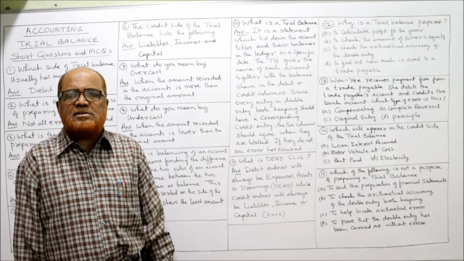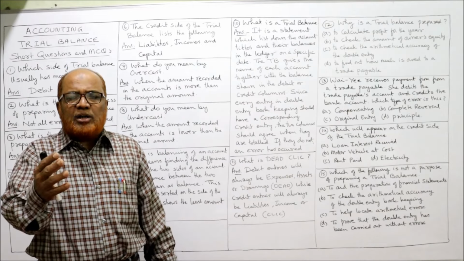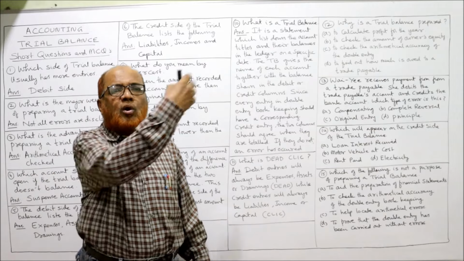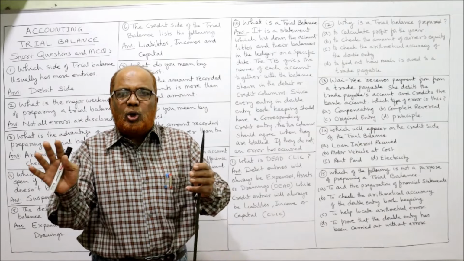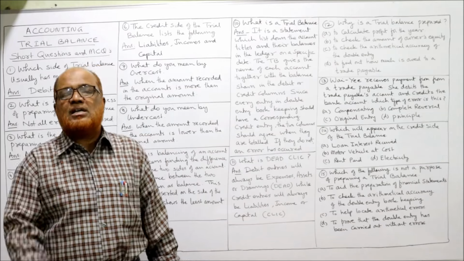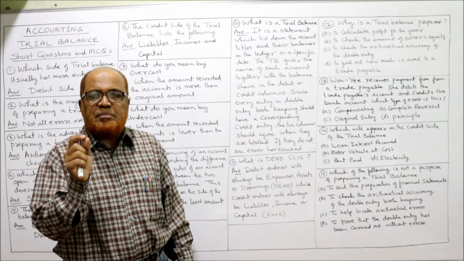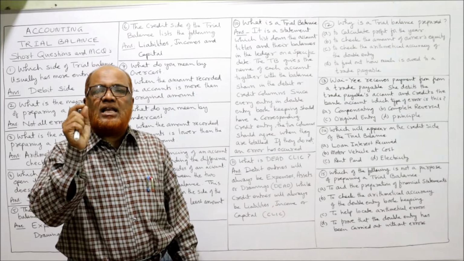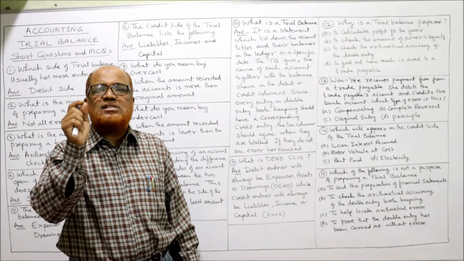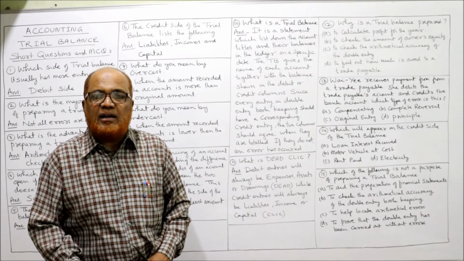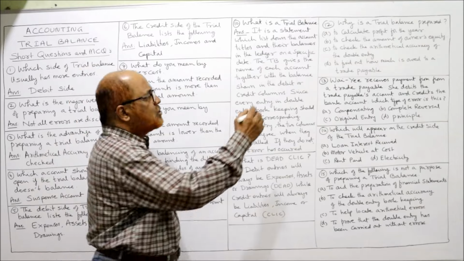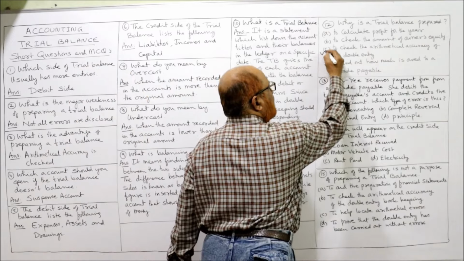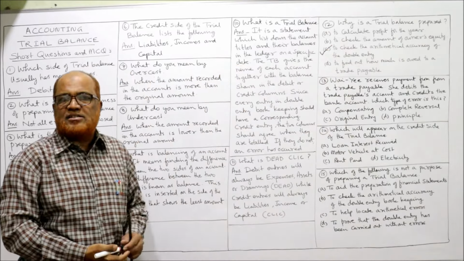That is not the purpose. The correct answer is that the trial balance is prepared to check the arithmetical accuracy of the double entry system of bookkeeping. So the right answer is C.